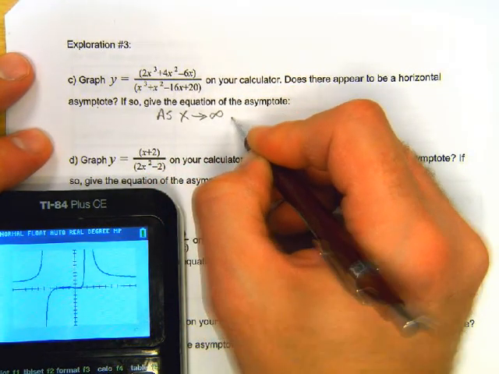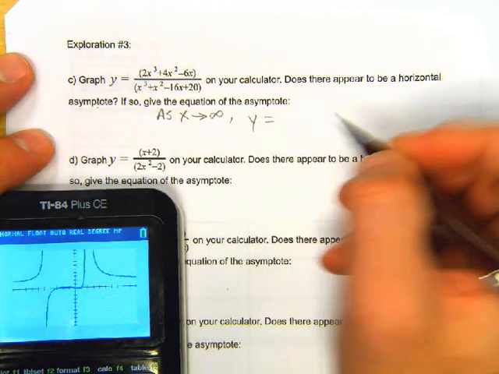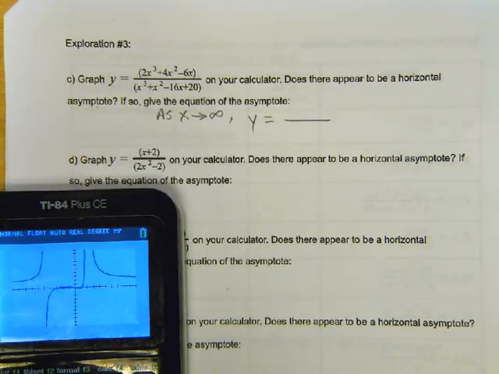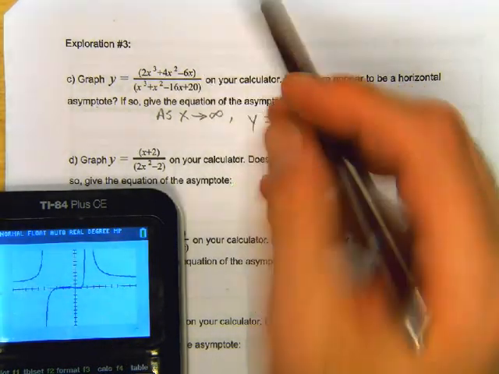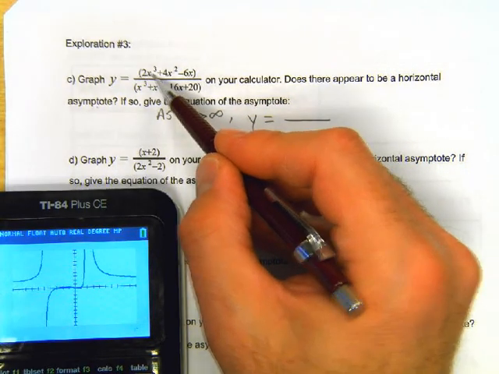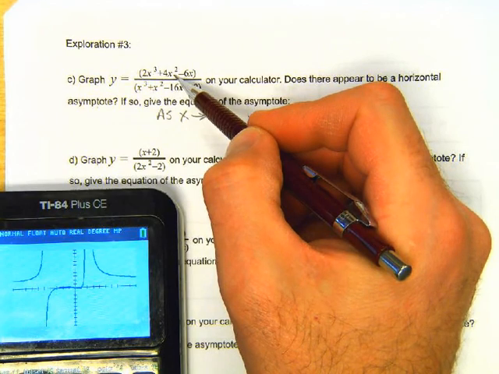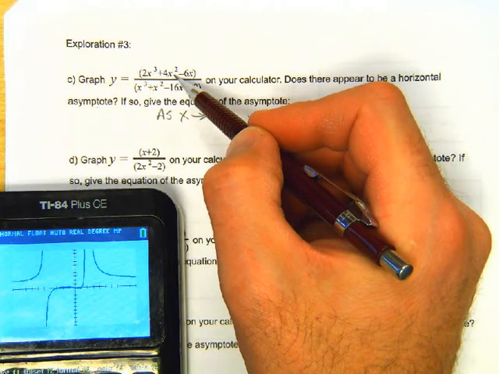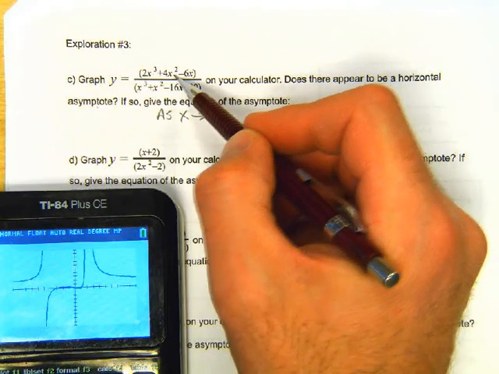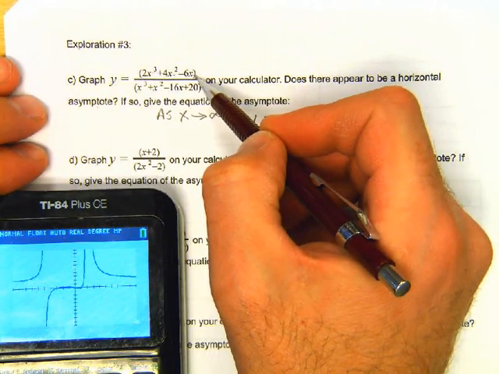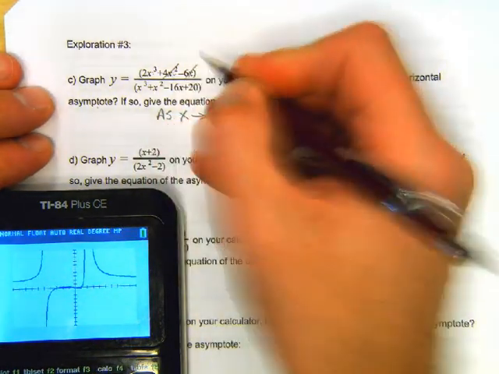As x gets really big, now let's look at this function. If x is really big, how does x cubed compare to x squared? Yeah, x cubed is going to get a lot bigger. The bigger x gets, x cubed is going to be way bigger than x squared and bigger than x.